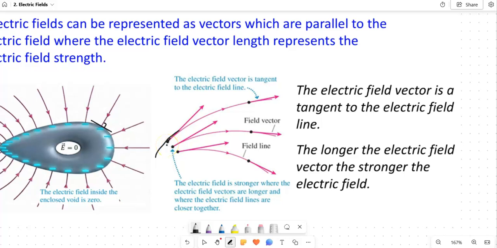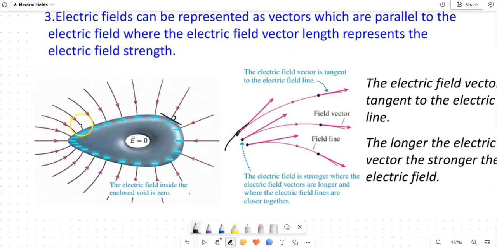Meaning the electric field lines are closer together, therefore the electric field vectors will be larger, right? So where you see a lot of electric field lines, like in a teardrop in this case, there's a lot of charges built up right here. Well, then you're going to have a lot more electric field lines built up, right?